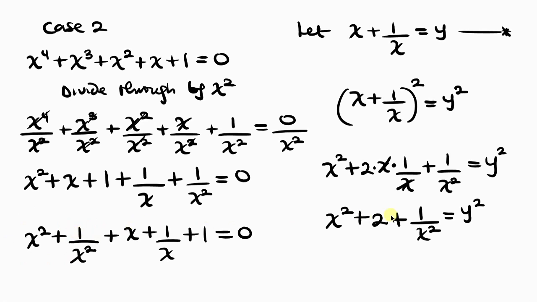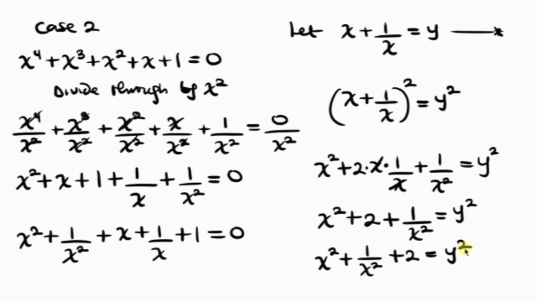So rearranging, we're going to have x squared plus 1 all over x squared, and then plus 2 to be equal to y squared. Let's continue on the next slide.